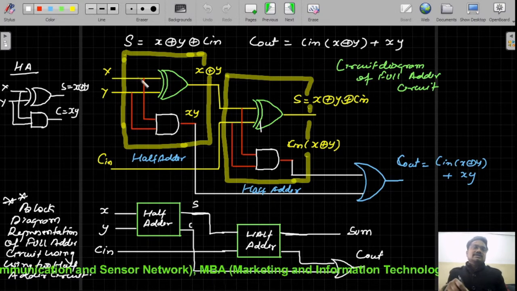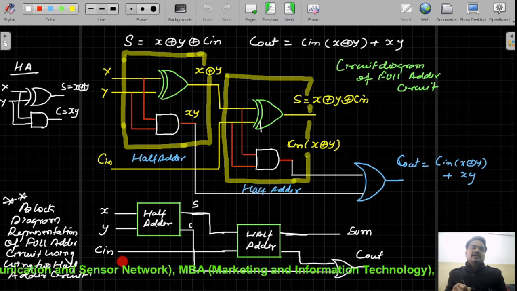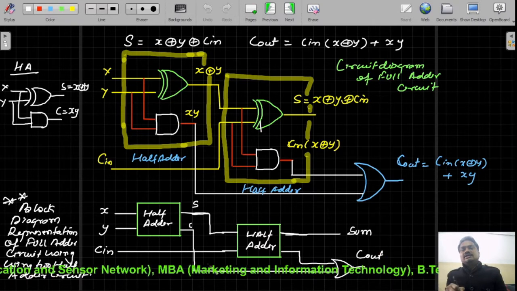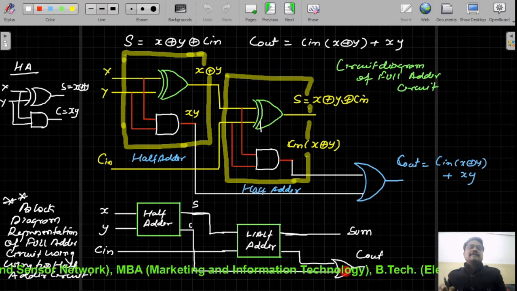So this entire implementation can be represented diagrammatically in this way also. We have two half adder circuits and one OR gate.